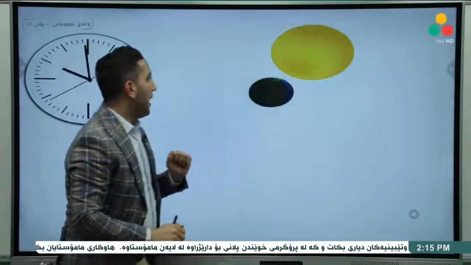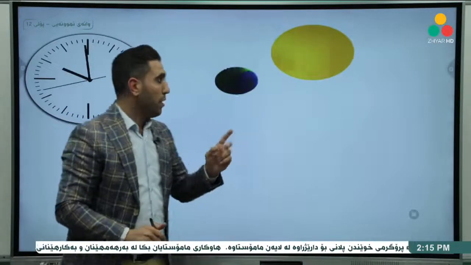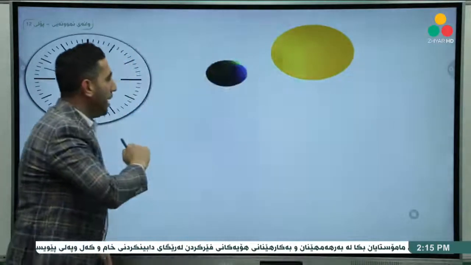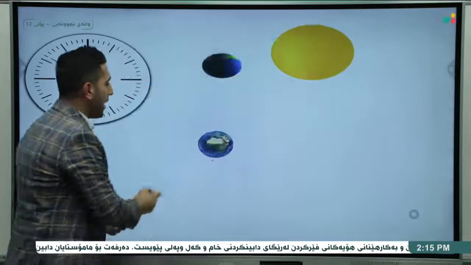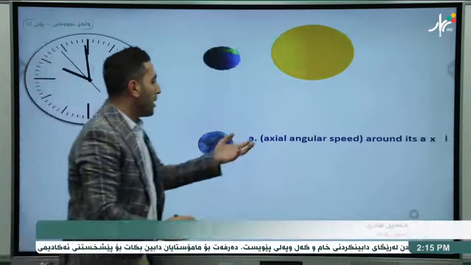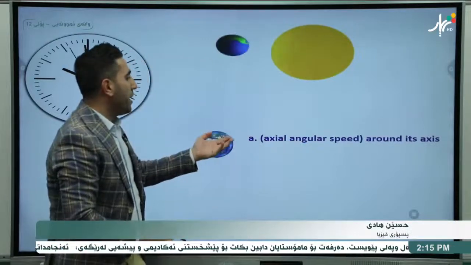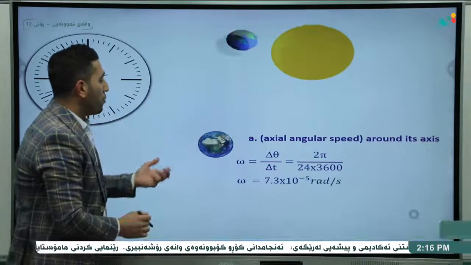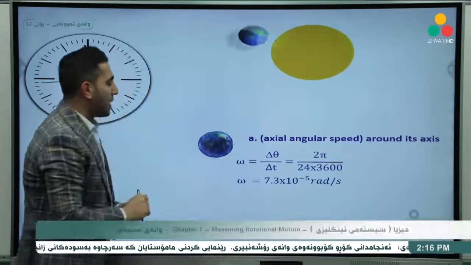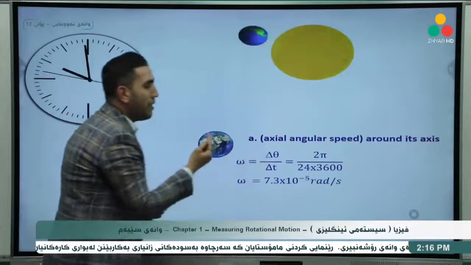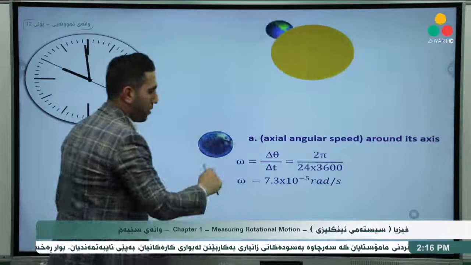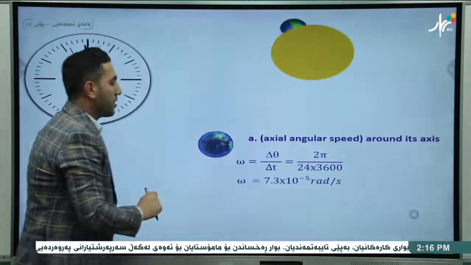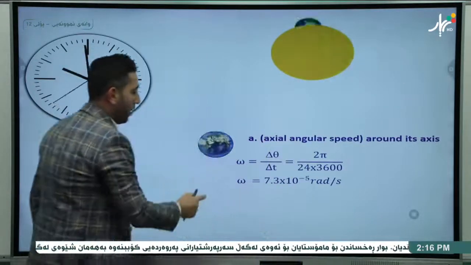Earth has two motions: one motion about its axis and another motion about the Sun. The motion about its axis, we sometimes call axial angular speed. For rotating one revolution about its axis, the time is 1 day, which means 24 hours, converted to seconds by times 3,600.